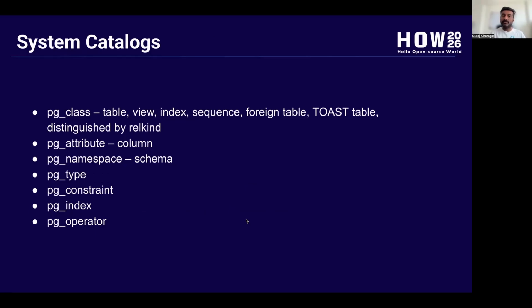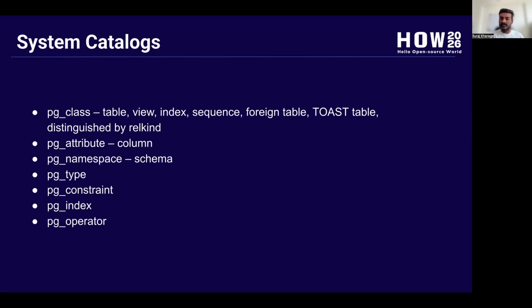I have listed a few of the system catalogs which are non-shared. In pg_class, we store the information about tables, views, indexes, and foreign tables, and those are distinguished by relkind. relkind is one of the columns of pg_class. We distinguish what different kinds of objects are stored in pg_class. In pg_attribute, we store the information about the columns of the relations or tables.